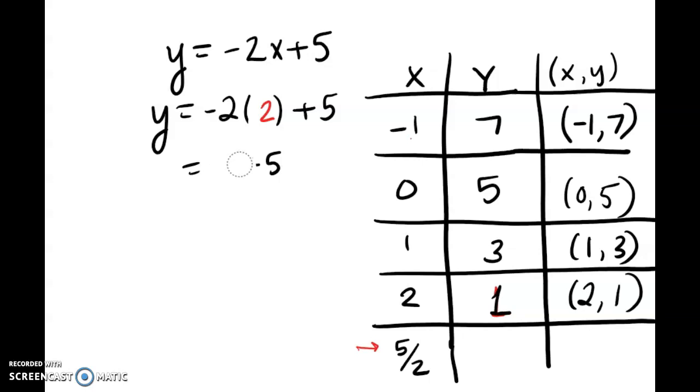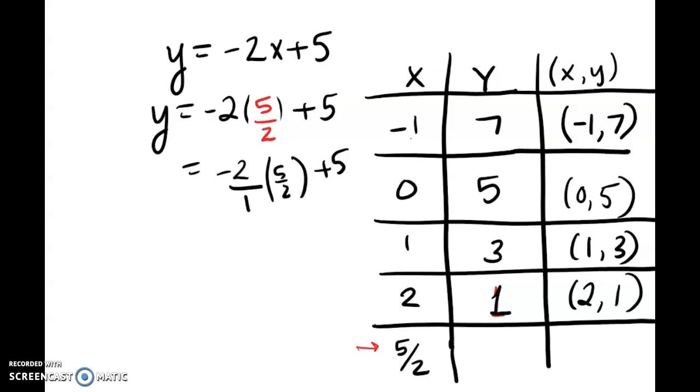And now for the last one, I'm going to put in 5/2. So when I multiply by a fraction, sometimes you don't have to do this, but you can write the whole number over 1, the whole number multiplied by a fraction.